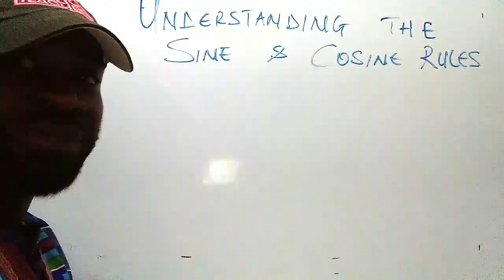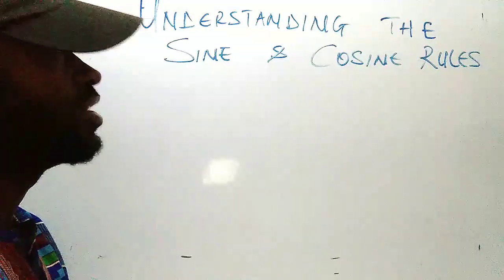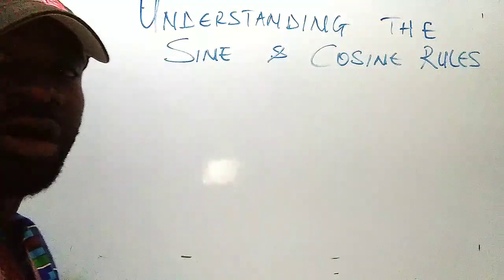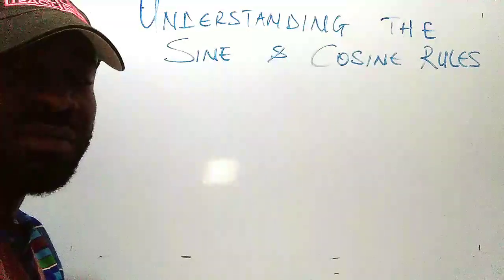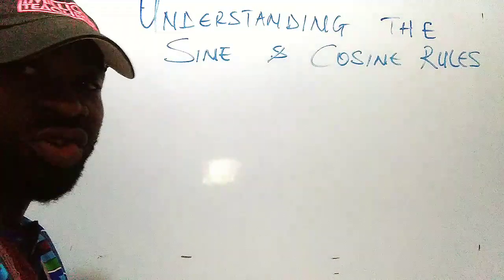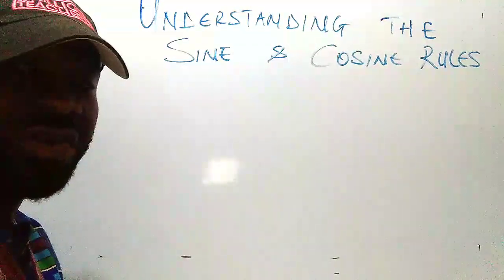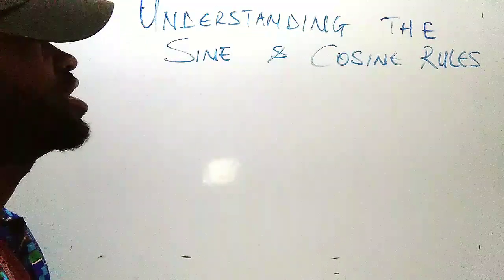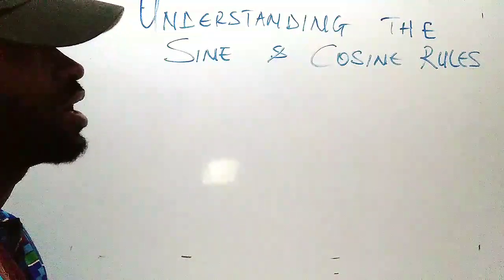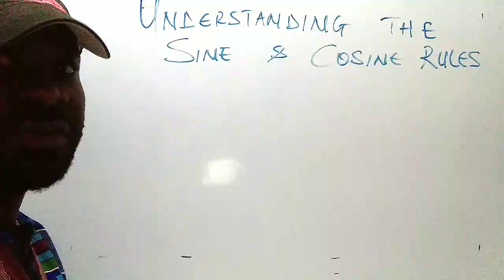Such triangular shapes can be solved either using the sine rule or the cosine rule. In some rare cases, the Pythagoras theorem can be used if the triangle is a right angle triangle. So we want to see how we can apply the sine and the cosine rule.